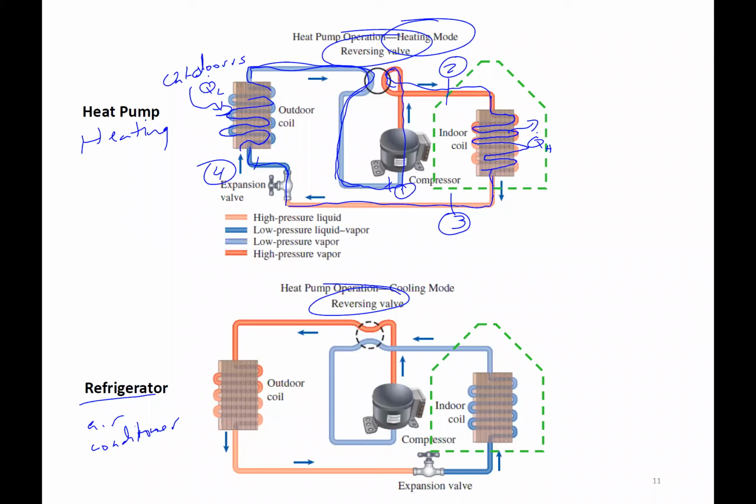Still there, same location, air handler, same location. We just have our reversing valve switch. Now we have state 1, inlet to our compressor, and the compressor's going outwards to the heat exchanger outside. So now that heat exchanger operates as our condenser.